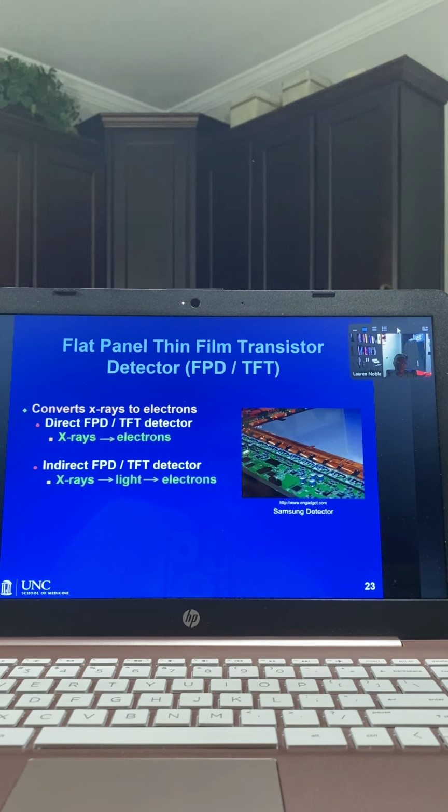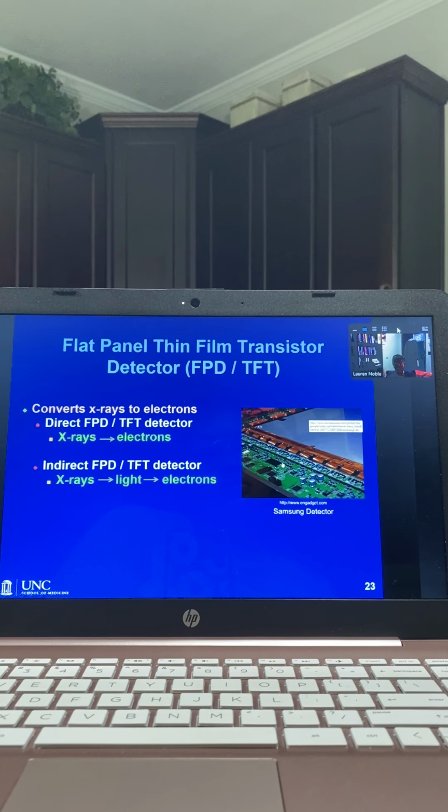So when you look at a flat panel detector, like the one that we have down in the lab that I have in the battery charger, if we were to take the covering off of that detector, this is what it would look like. So we'd have all electronics, and this would be a protective coating, and then underneath we would see some semiconductor material as well as more electronics.